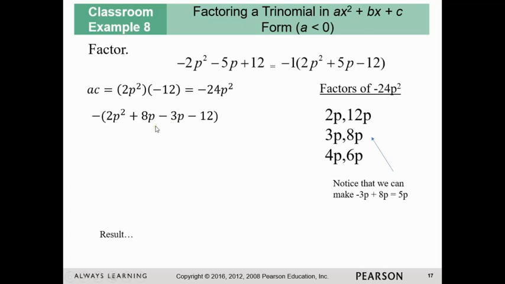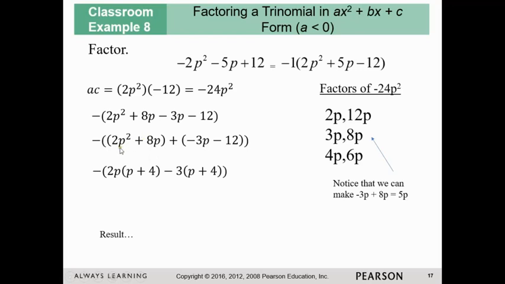So now what do I do? I factor by grouping. So here I've grouped it. So now I'm going to take out the greatest common factor out of each one of these groups. And so here we go. I take out the greatest common factor out of the first group, which is 2p.